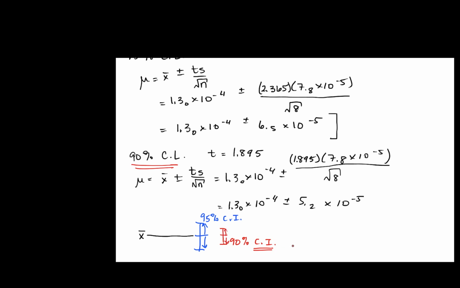It sounds sort of like the opposite, but a 90% confidence interval is actually taking a smaller window. And this is why it's only 90% confident. I've made myself a narrower target, if we think about that, right? My 95% confidence interval is a target this size, but my 90% confidence interval is a little bit smaller, and I have to hit that smaller target, which means that I'm probably only going to hit it 90% of the time instead of 95% of the time hitting this larger target.